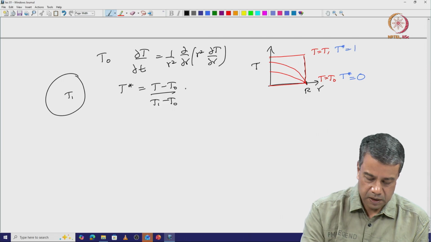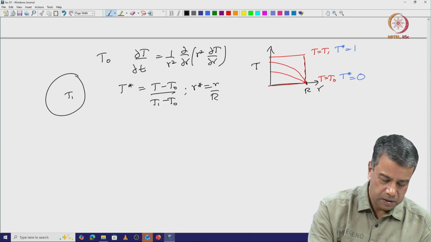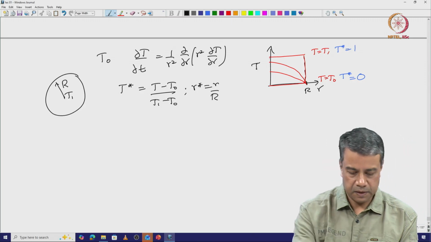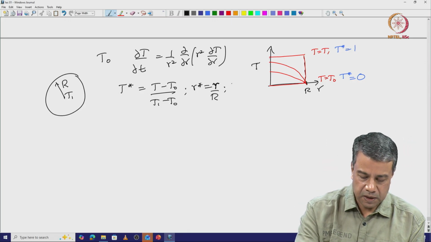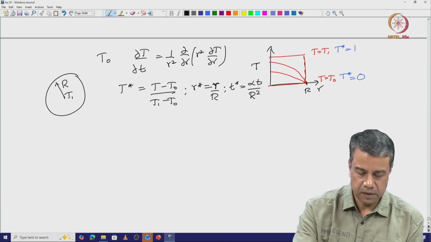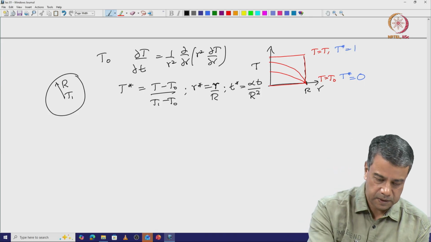And r star is equal to r divided by R, where R is the radius of the sphere. And the time coordinate is defined as alpha t by R square.